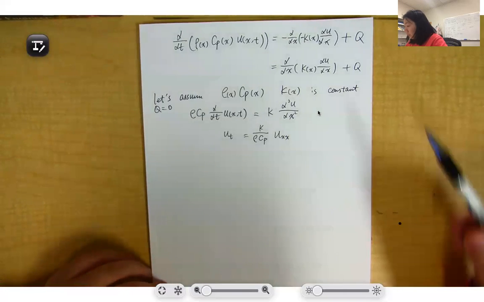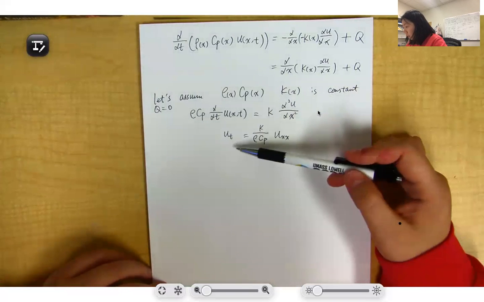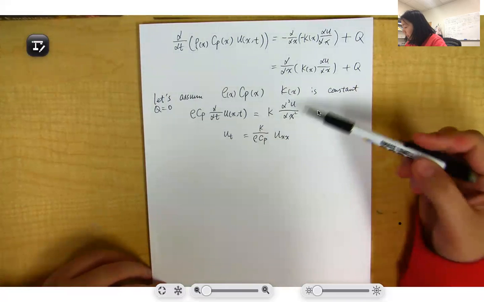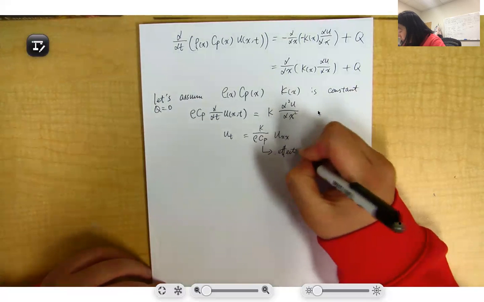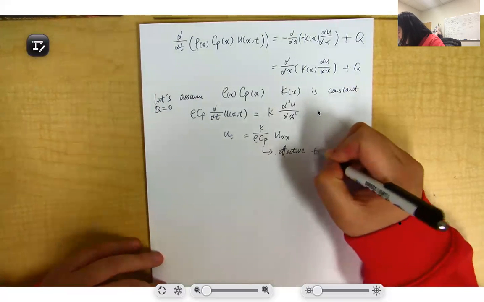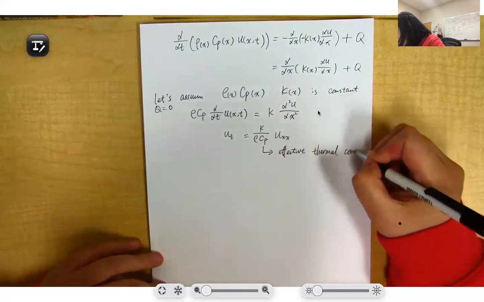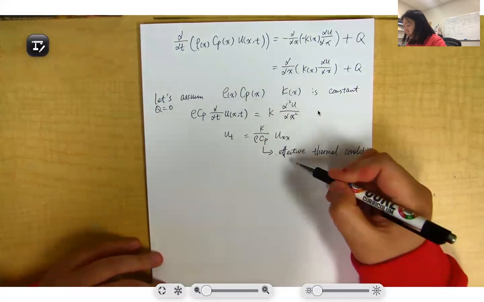After we assume rho, Cp, k are constant and q equals 0, we derive that u_t equals k over rho Cp u_xx, and this is my effective thermal conductivity. It's a positive number.